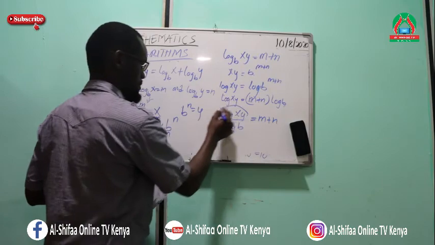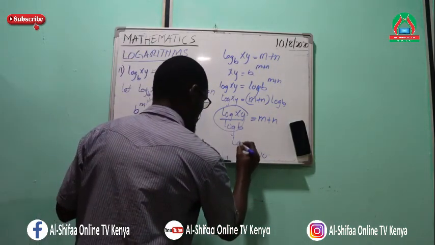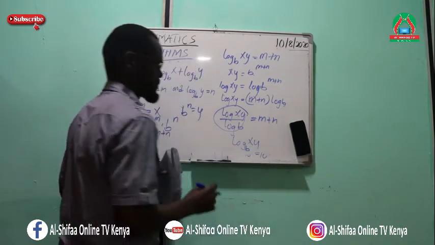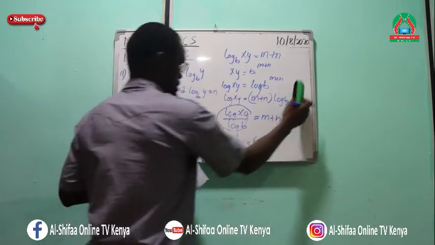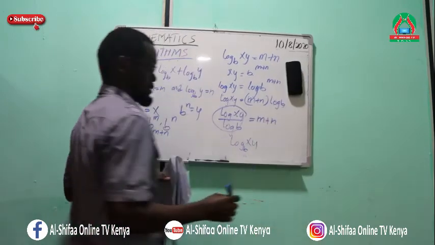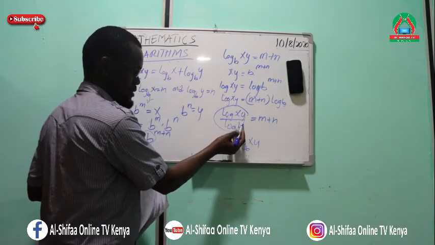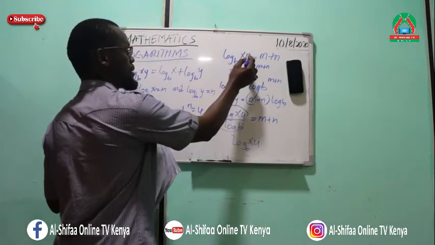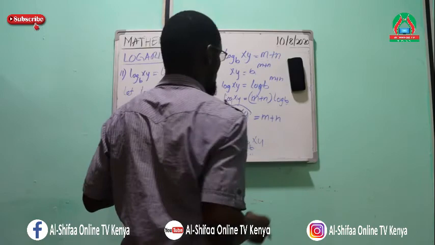This representation is the same as log of xy to the base b. So it means that you find the log of xy to the base b. That's why we get log xy to the base b is equal to m plus n.